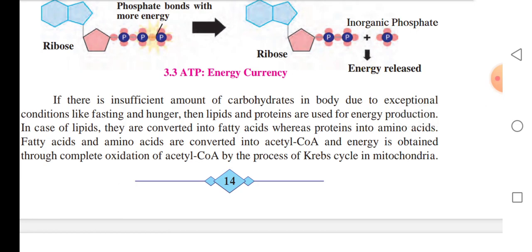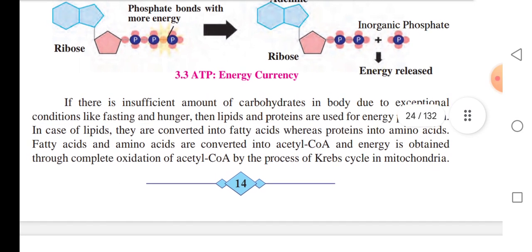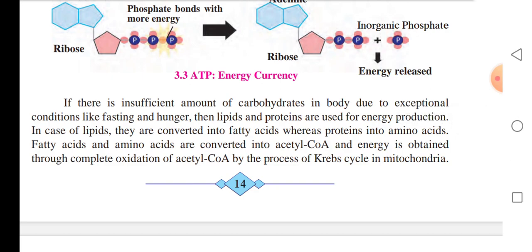If there is an insufficient amount of carbohydrates in the body due to exceptional conditions like fasting and hunger, then lipids and proteins are used for energy production. When we are fasting or we are on a diet or we are not able to eat due to some reasons, in that case, lipids and proteins help us for getting energy.